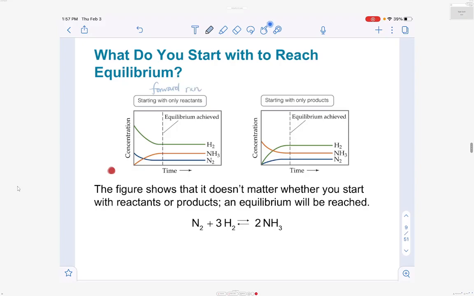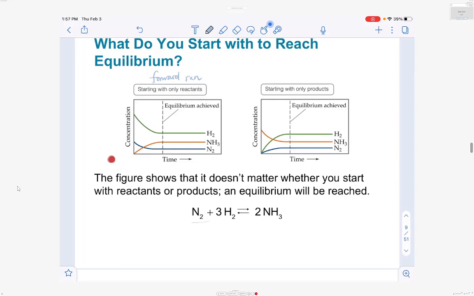Here, as you can see, the concentrations of the reactants, nitrogen and hydrogen, are higher, and the concentration of the product, ammonia, is 0 to start. As the reaction progresses, equilibrium is achieved, and hydrogen, nitrogen, and ammonia all reach certain concentrations, with no fluctuation.